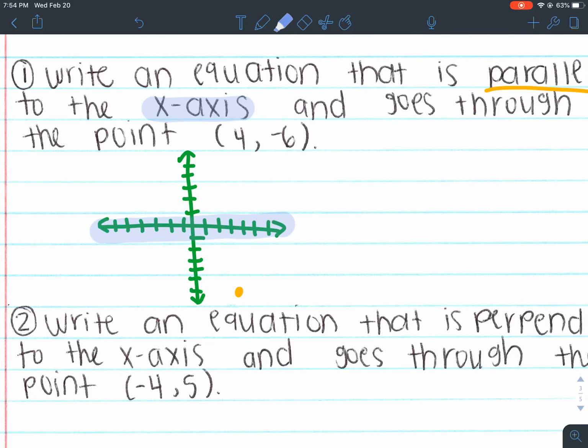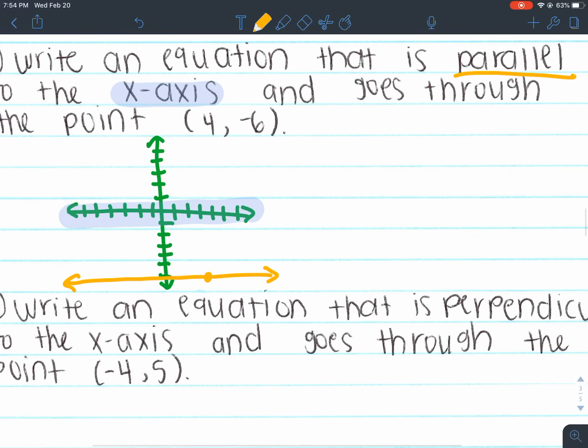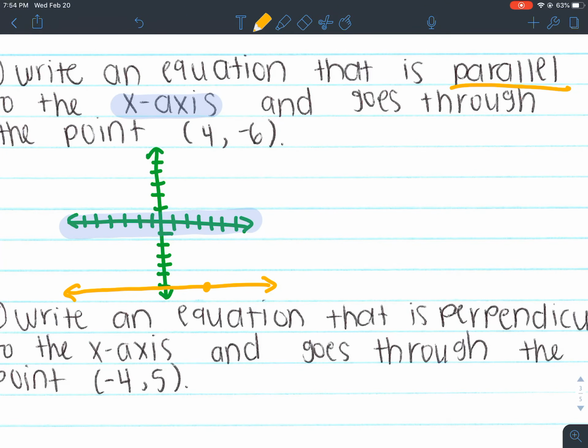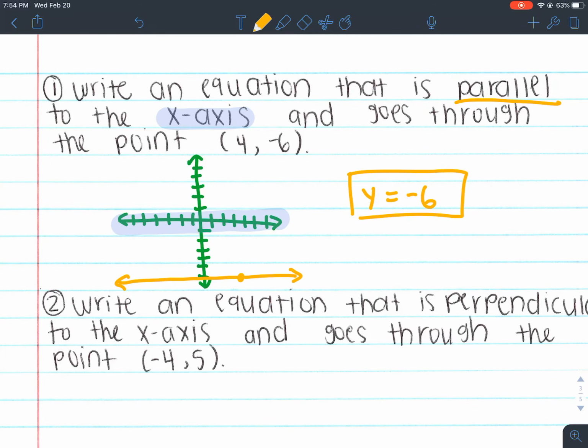I want that orange point to have a line that goes through it that is parallel to the x-axis. So it should not cross. So that's going to be a horizontal line like that. So it's going to be y equals, it crosses the y-axis at the point negative 6. Okay? You want it parallel, so you do not want it crossing that x-axis.